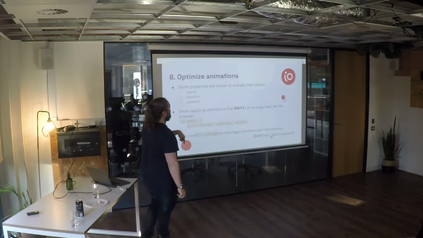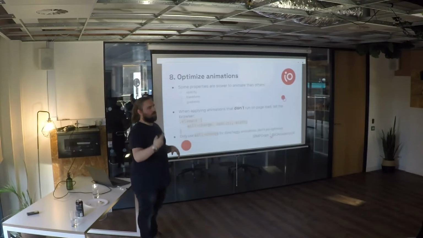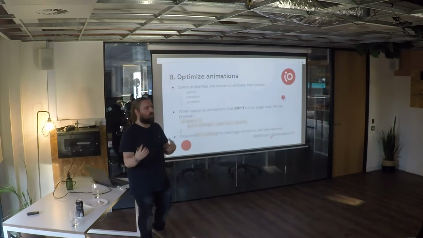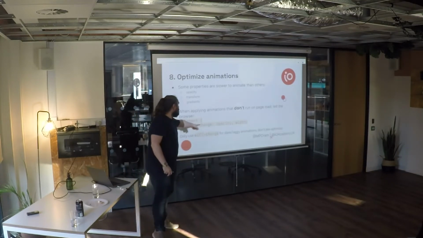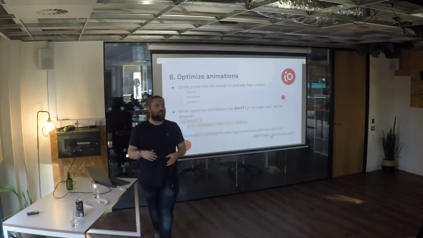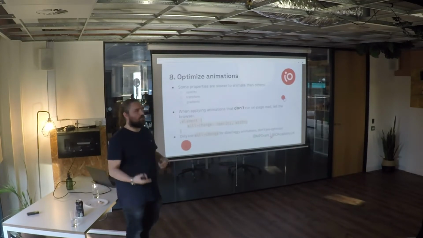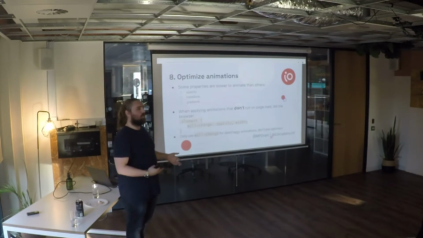If you're applying an animation to an element where that element animates but not on page load, so like on a user interaction or after a timeout or something like that, then you can use this thing called will-change, and just specify the properties that are going to change, which things are going to animate when that thing changes, and the browser will essentially optimize that element and make the animation smoother.